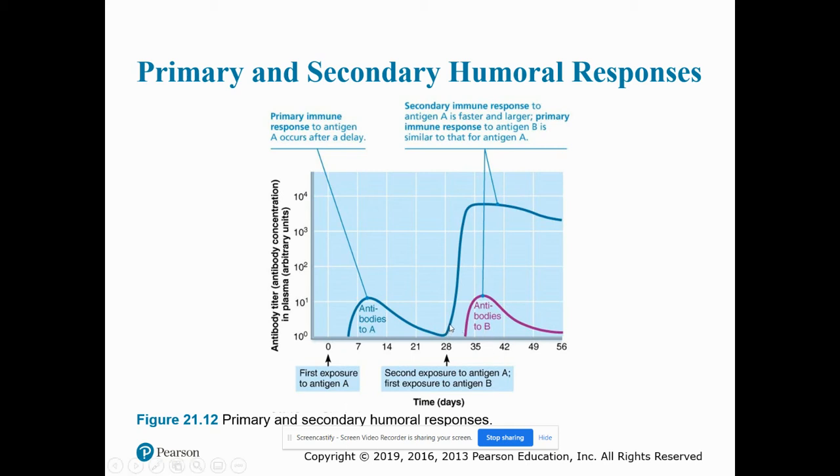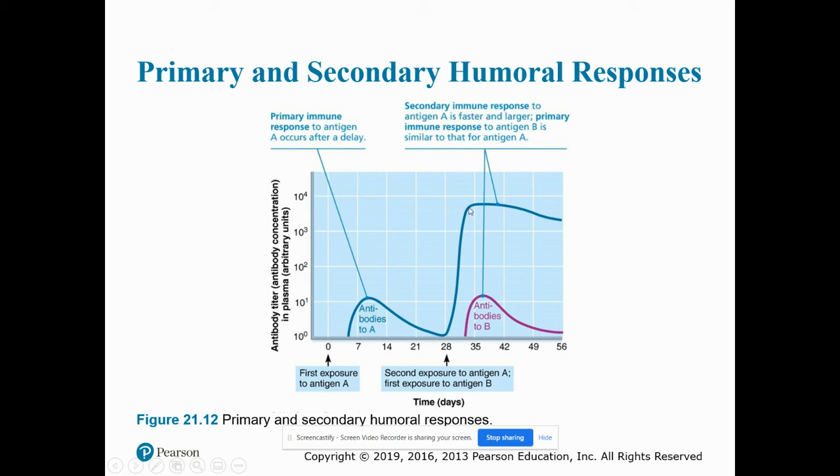We see a much more rapid increase in antibody level, quicker, and it goes up a lot higher, right? So it goes way up here, and then it doesn't taper off nearly as much. So within 10 days to, this is 18 days, it's already down to almost zero.